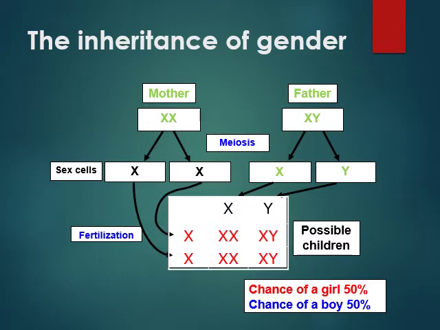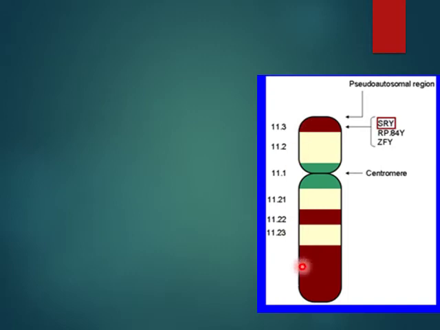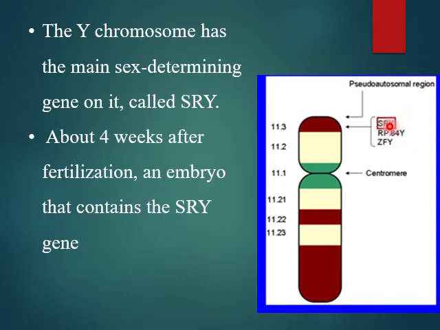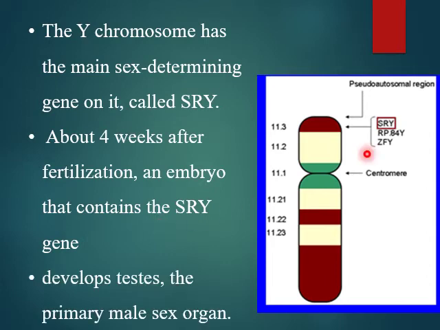The Y chromosome has the main sex-determining gene on it, called the SRY gene. About 4 weeks after fertilization, an embryo that contains the SRY gene develops testes, the primary male sex organ.